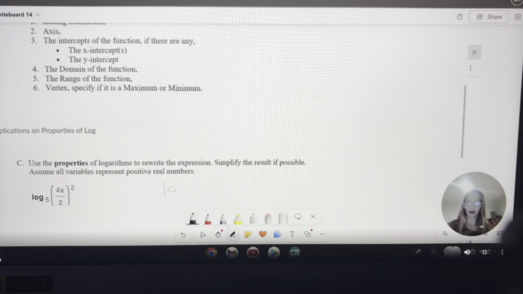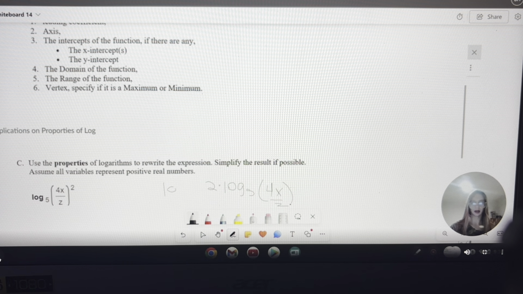I'll just write what it will turn into, which would be 2 times log base 5 of 4x over z.